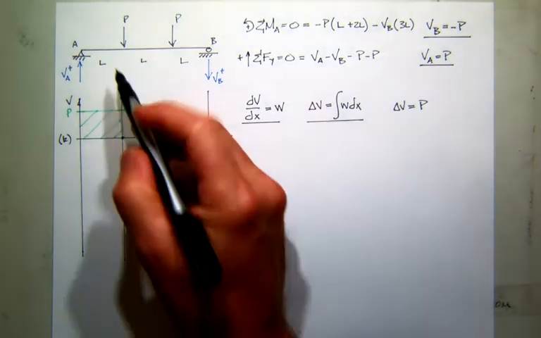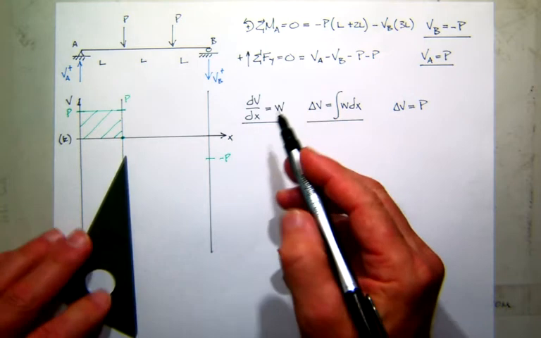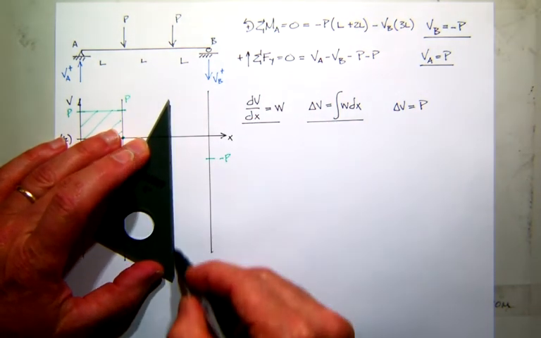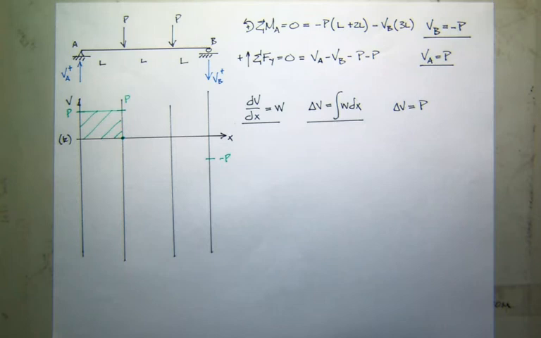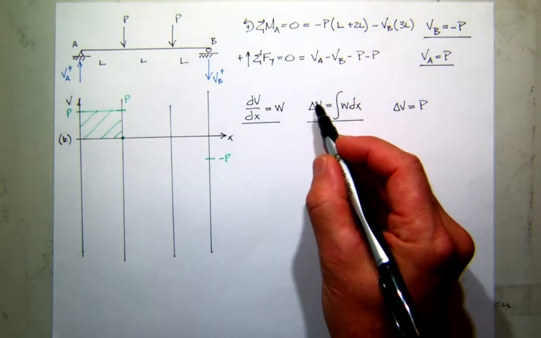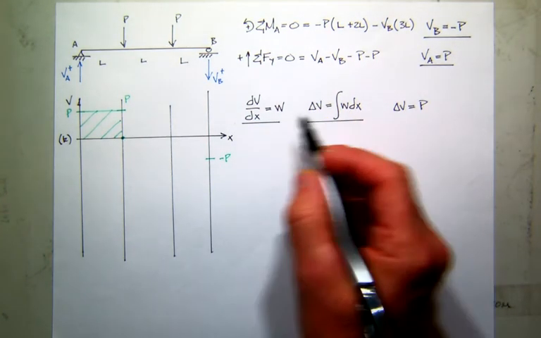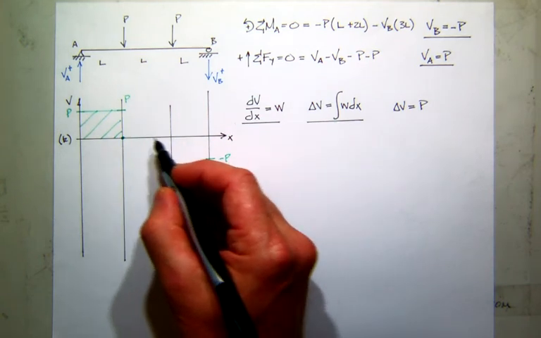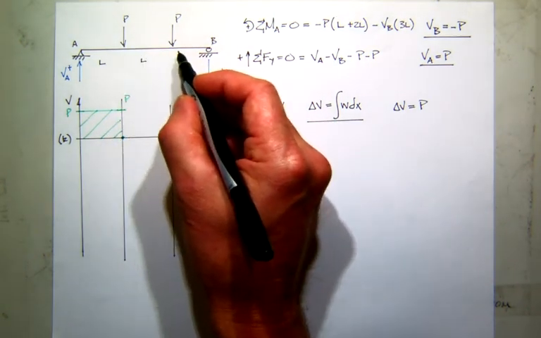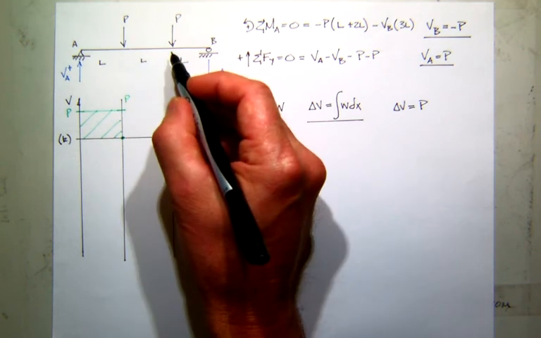So now I'm going to look from L to 2L. So let me put a line in for where that happens. I'm going to go back to my relationship that the change in shear is equal to the area under the load curve. So here's the section I'm looking at. I go up, and what's the area under the load curve? 0.